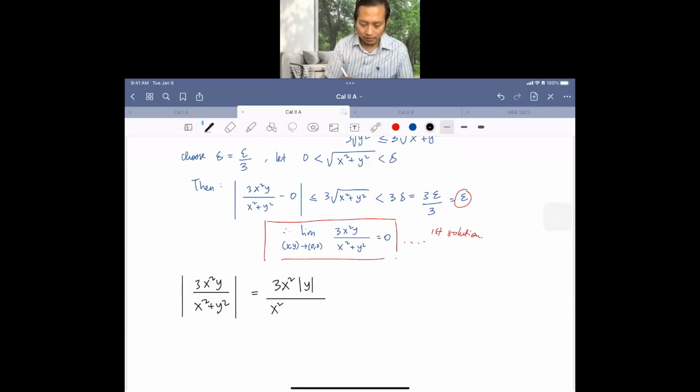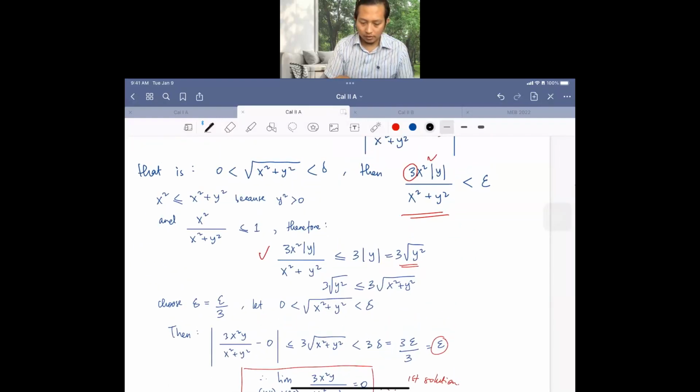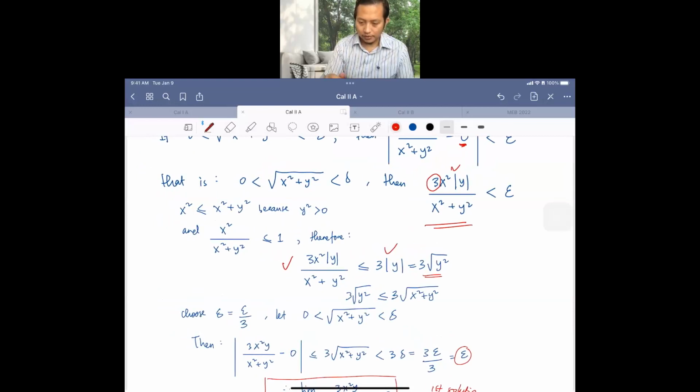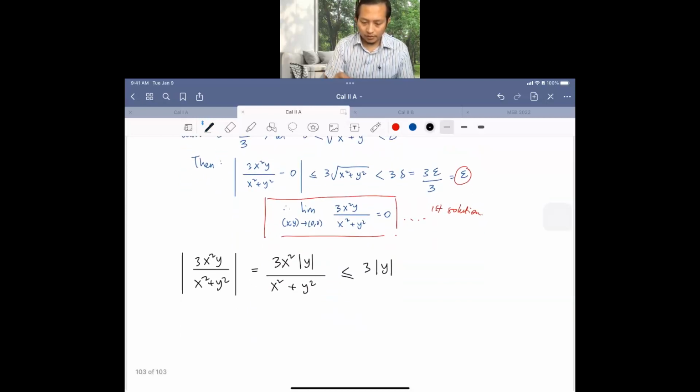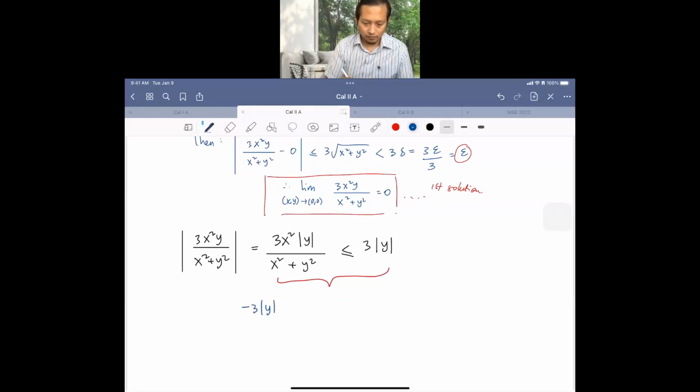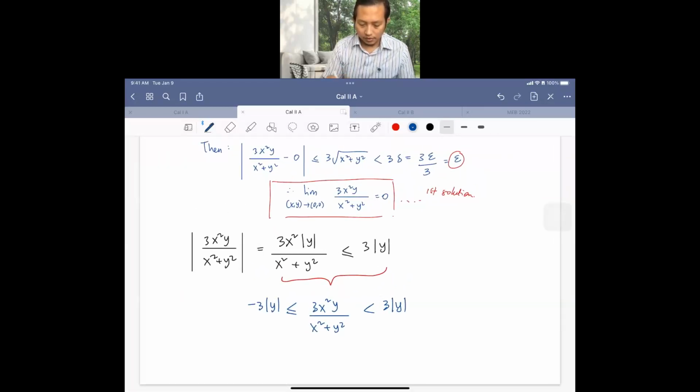The other part is quadratic, and we know that this is less than or equal to 3y, right? So we can write this is less than 3 times the absolute value of y. Now from this inequality, we can write the inequality like this, and we are going to use the squeeze theorem.